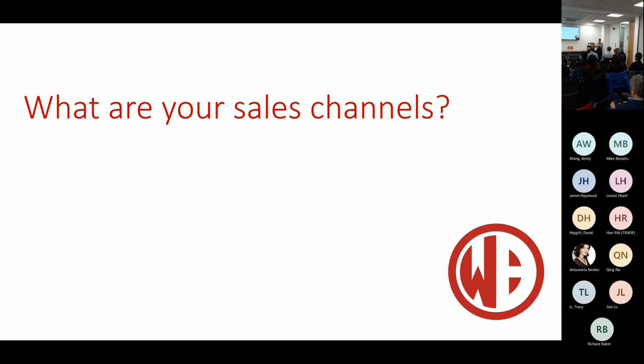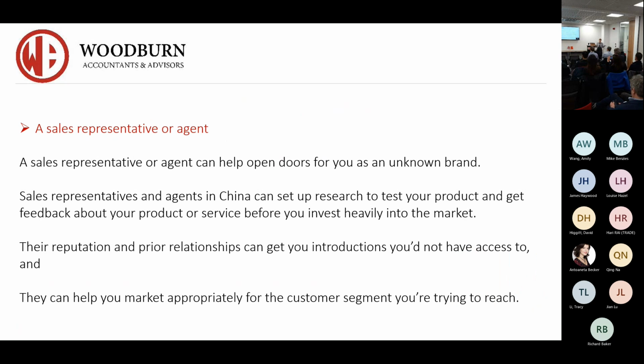What sales channels exist? You can use a sales rep, sales agent. This means that you're basically hiring a company that is representing your brand, your service, your company, and is going out into the Chinese market and selling. Now, sales reps don't hold any liability, meaning that the sales physically is still being transacted through your UK company. Okay, the sales rep is just a representative on the ground.